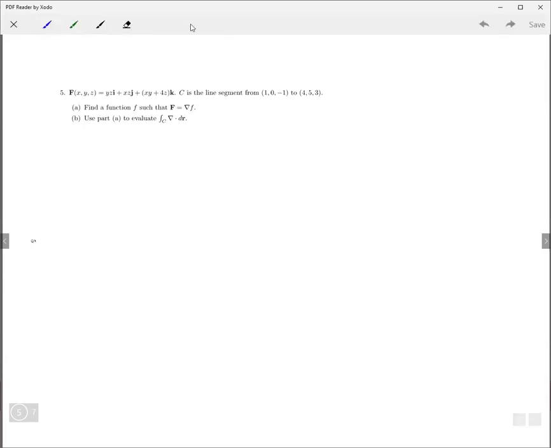And such a function would have to satisfy the partial of f with respect to x is going to be this first function, yz. The partial of f with respect to y is going to be the second function here, xz. And the partial of f with respect to z is going to be this last one, xy plus 4z. So it's a function in x, y, and z.